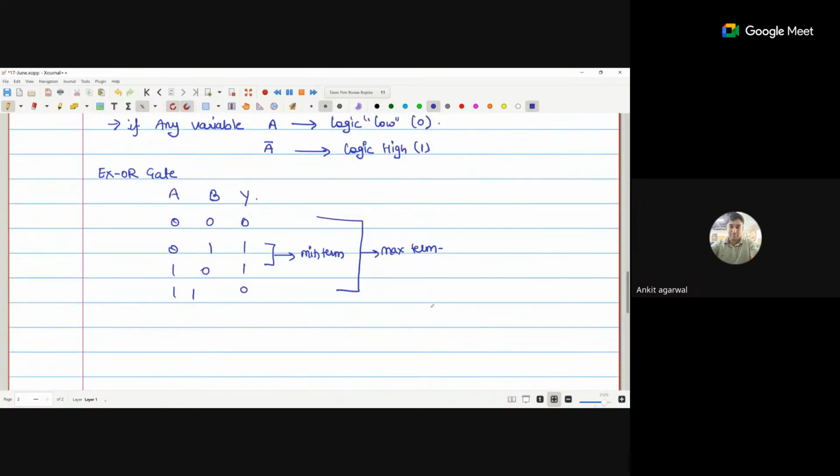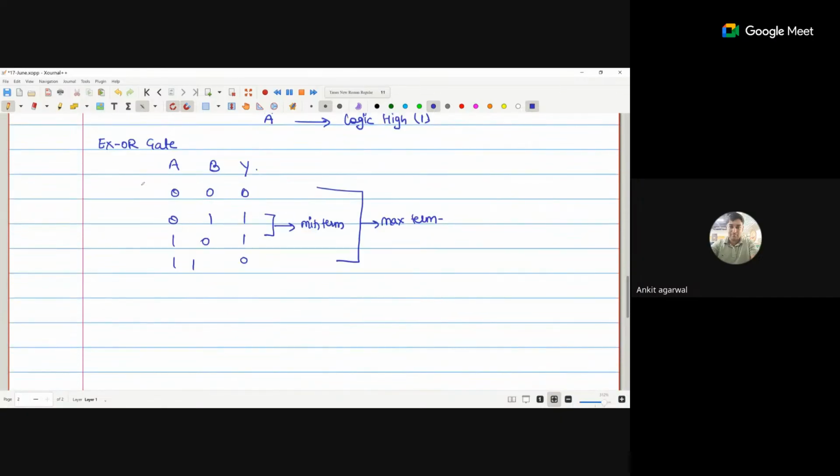For the max term, we only consider the conditions where the output is 0. Now with respect to 0, if I define these variables, here input A is 0, so I can represent it as A. B is 0, so I can represent it as B. A is 1, so I can represent it as A bar. And B is 1, again I can represent it as B bar.